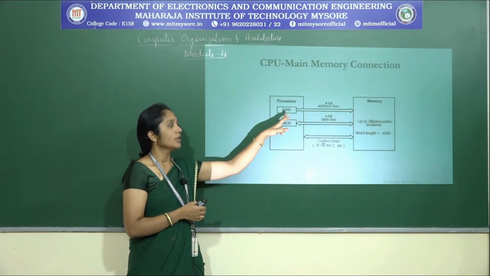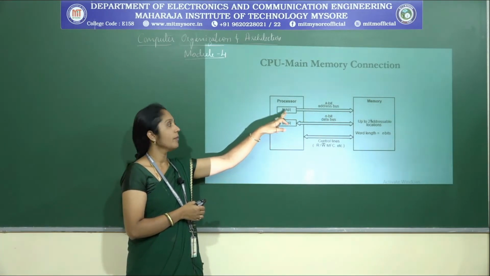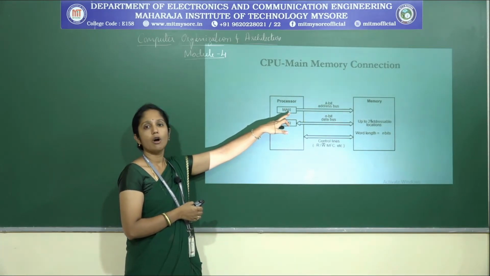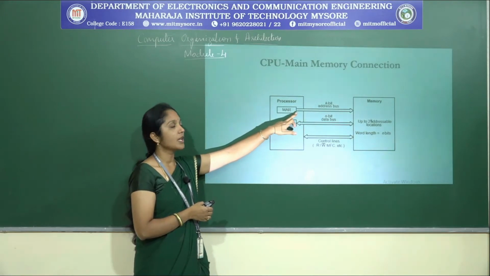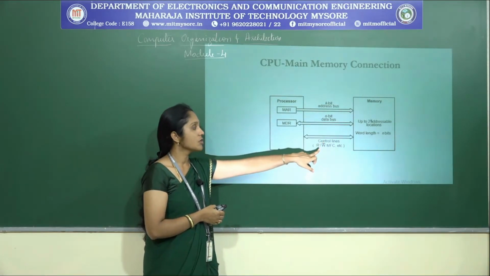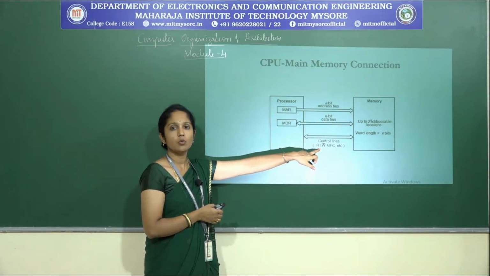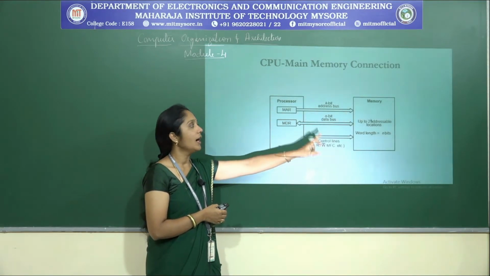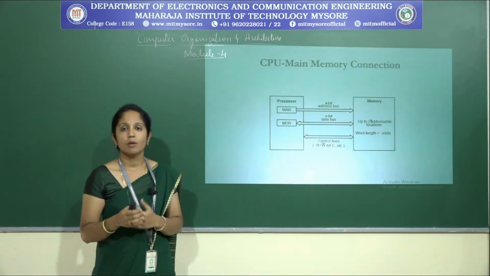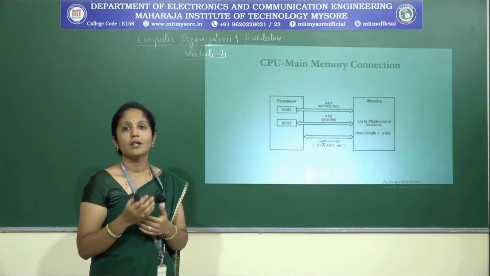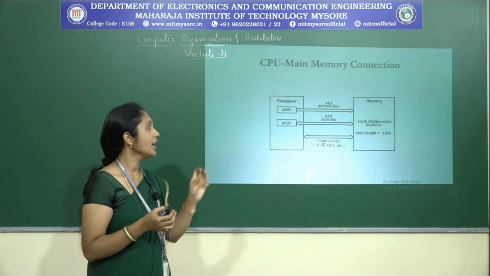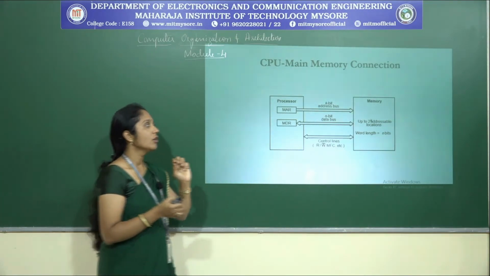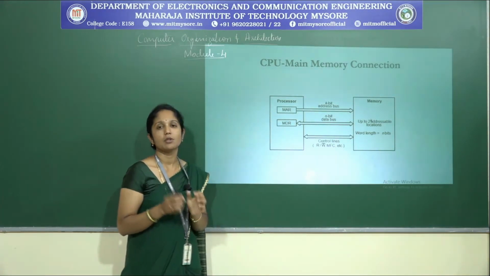The processor initiates by placing the address of the data to be read over the MAR and setting the Read/Write bar signal to 1, and from memory, the data at that location address will be read and placed over the MDR.